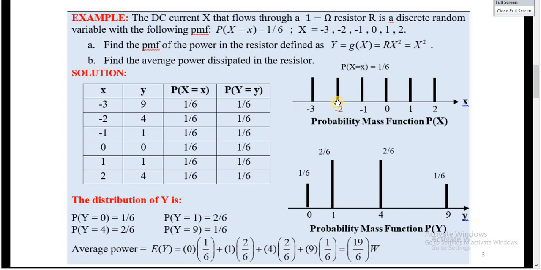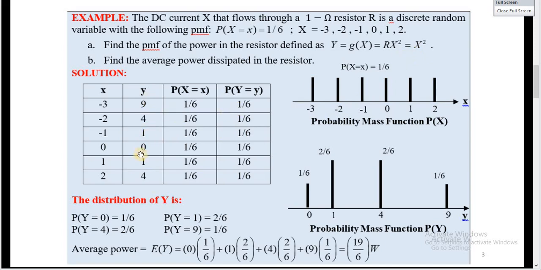When X is -2, Y is 4. When X is -1, Y is 1. When X is 0, Y is 0. When X is 1, the square of 1 is 1, so that is 1 again. And when X is 2, Y is 4.